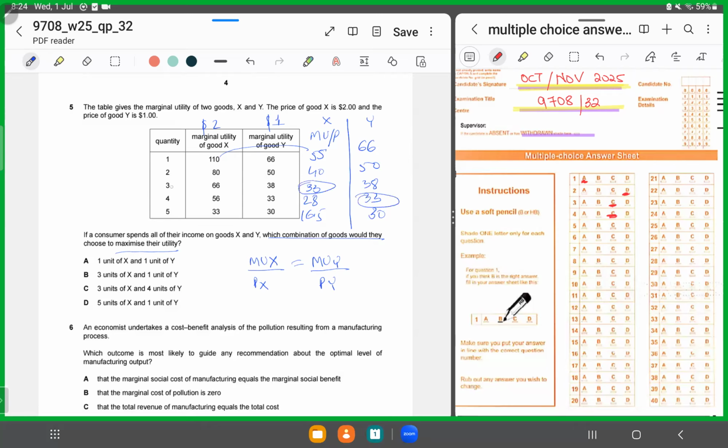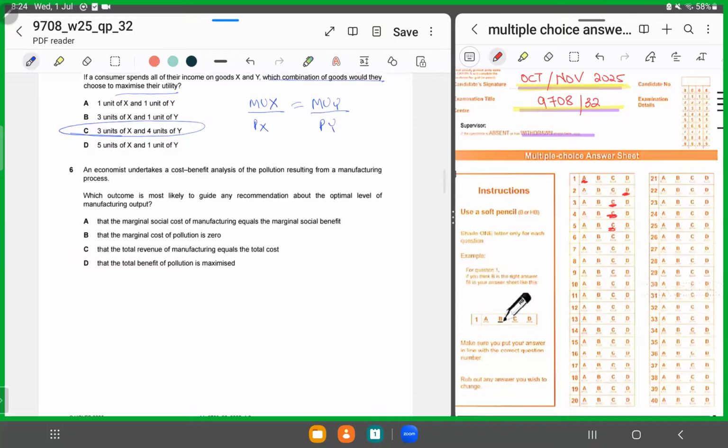At 3 units for X and 4 units for Y. That means it's option C. So for 5 we'll shade in C as the correct answer. Moving forward. I hope you understood.